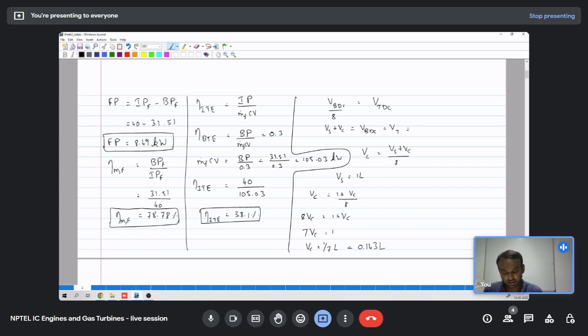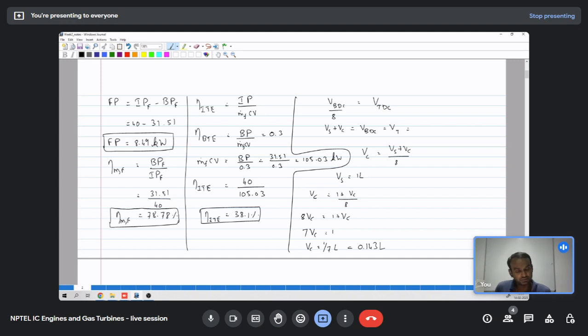Then we calculated the indicated thermal efficiency using the relation, so we needed the fuel power. Since the brake thermal efficiency at full load is given and brake power is calculated, we have calculated the fuel power as 105.03 kilowatt, and using this we have calculated indicated thermal efficiency as 38.1%.